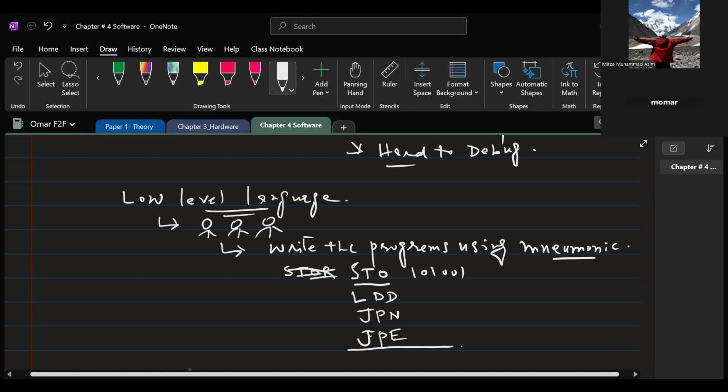Umar, clear? So if somebody asks you what the mnemonic codes are, you should simply say these are the commands which were used by the programmers in assembly language. STO stands for store, LDD directly loads the data into the accumulator, JPE, JPN, MOV, and so on. There are so many commands, LDX, LDI. Umar, clear?